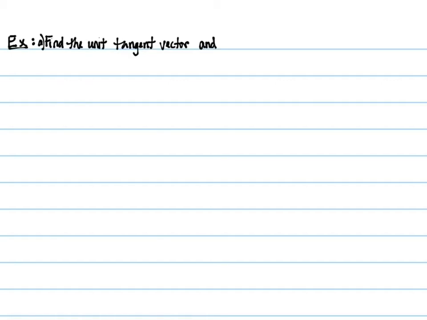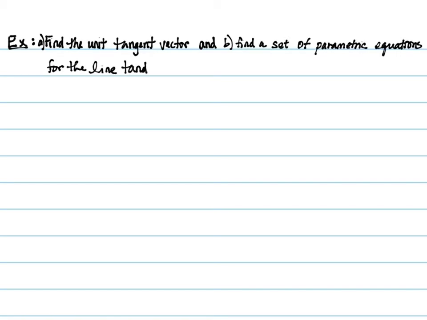The second thing comes from something we've done earlier, combining with this: we're going to find a set of parametric equations for the line tangent to the curve at the point for the given t value.